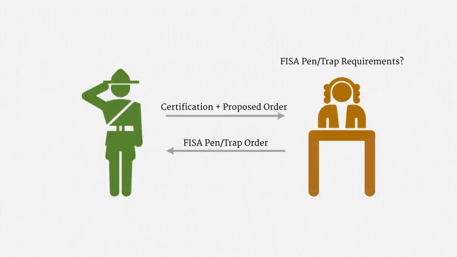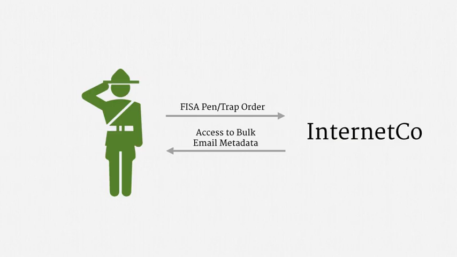So, periodically, the NSA got a pen trap order for each internet backbone provider involved in the program. It served those orders on the internet services, and they allowed the NSA to access bulk email metadata.